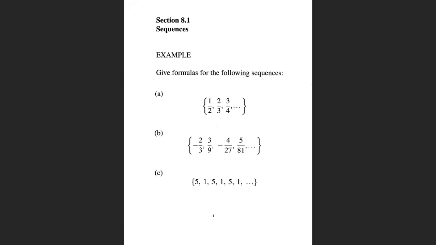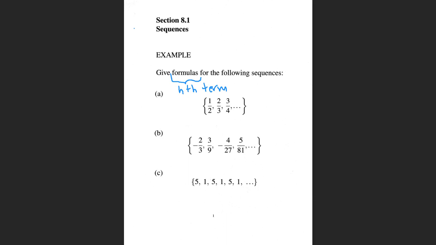A formula is called the nth term, and sometimes we call it the general term as well.